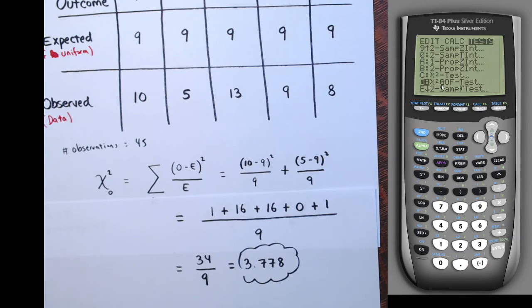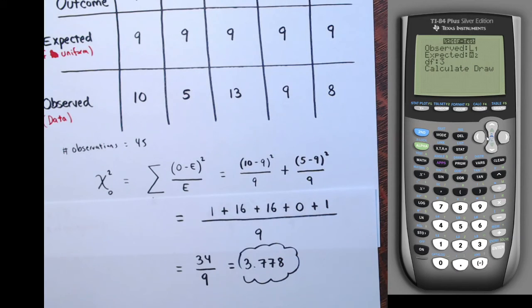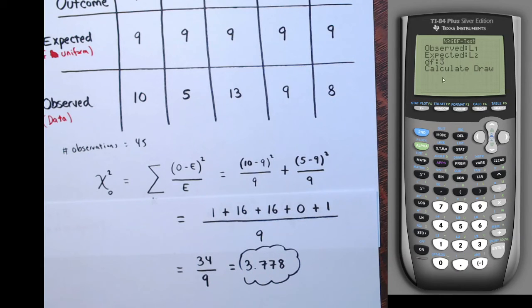But if you've got the chi-squared GOF test, you click enter on that, and then it asks you, what's your observed data? Well, that was down list L1. That's already there. What were your expected counts? The 9s, that was down list L2. That's already there. Now, if you're only looking for the test statistic, the degrees of freedom doesn't matter.